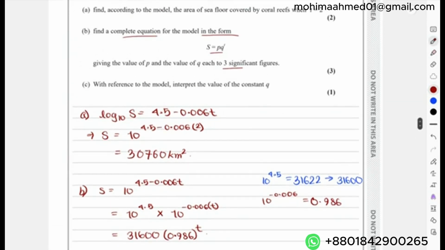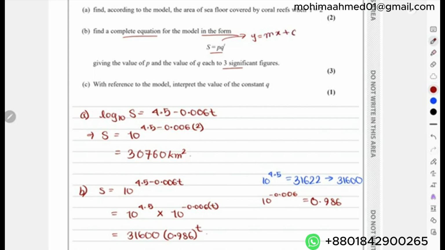And later on for part C, they want you to find, with reference to the model, interpret the value of the constant q. Like they want to know what this value of q indicates. So if you just transfer this into the equation of y equals mx, this is kind of in the form of y equals mx plus c, right?